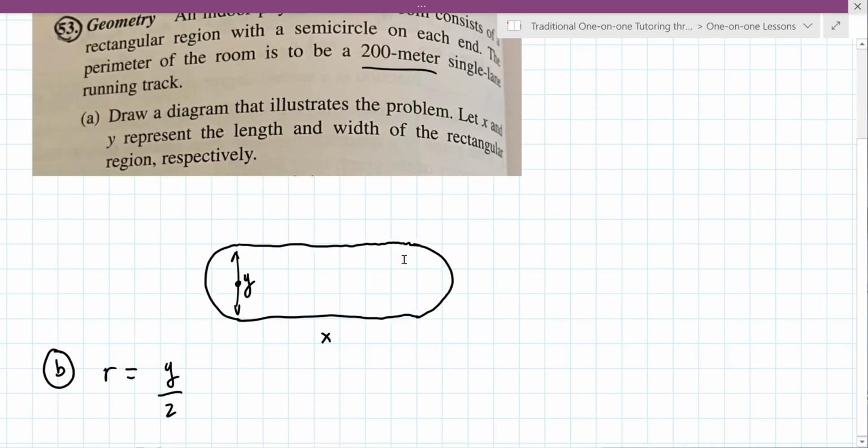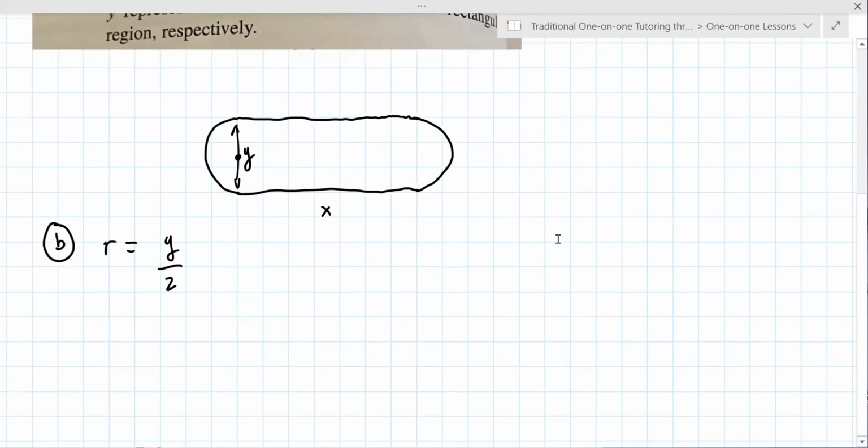So they're asking for the distance around. So that's the perimeter of the circle. The perimeter of a circle is the circumference. That's 2 pi r. That's 2 pi times y over 2, which is just pi times y.